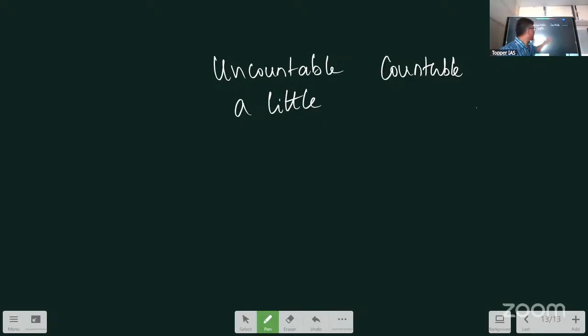So you say, I need a little salt. Correct? For example, student is countable or uncountable? Countable. So I can say, I have a few students. So when you say for uncountable, ಒಂದು ಸ್ವಲ್ಪ, a little, a few.